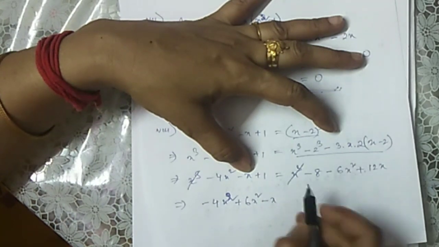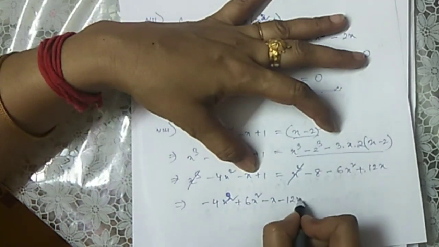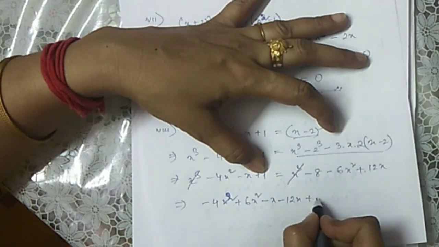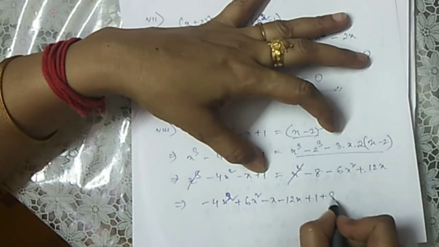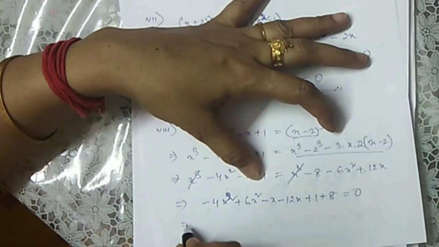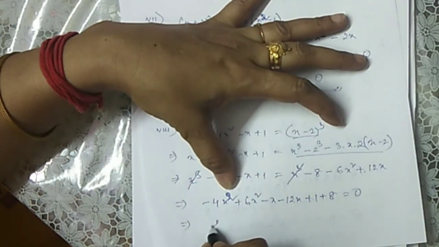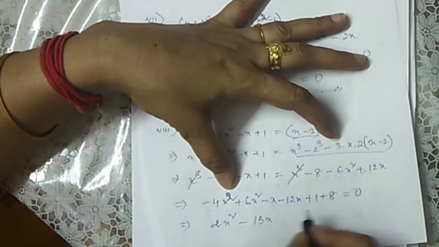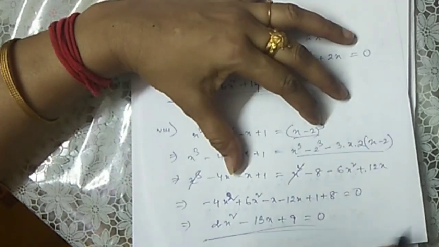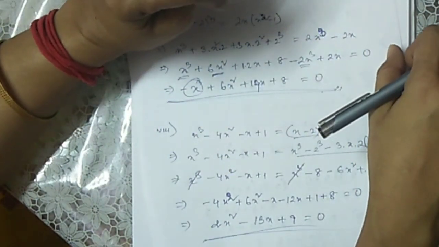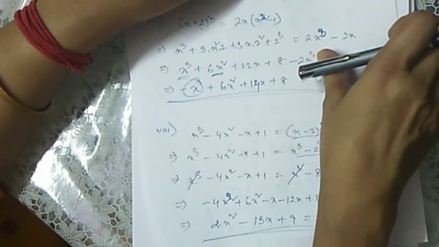Minus x, this 12x will come this side, minus 12x plus 1, minus 8 is shifted there and becomes plus, and so on. So 2x square minus 13x plus 9 is equal to 0. It is also in the form of ax square plus bx plus c.